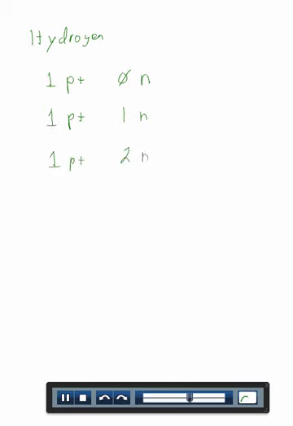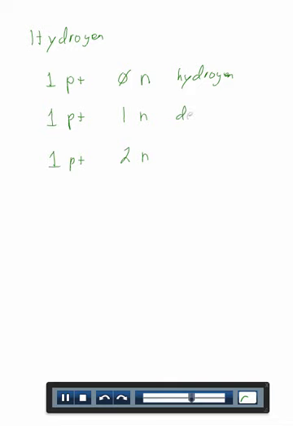So one example is hydrogen. Hydrogen always has one proton, but you can have one proton and 0 neutrons. You can have one proton and 1 neutron, or you can have one proton and 2 neutrons. This is called the hydrogen atom.